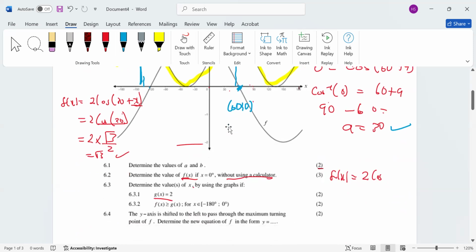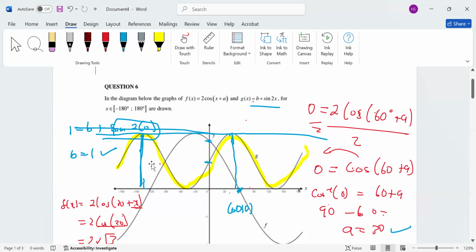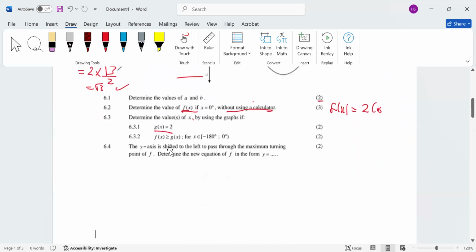And then on this side, if we go to the negative side, where was it supposed to turn? I see negative 180. So x is going to be equal to minus what? Check where the graph was supposed to stand, at minus 90. Then it's supposed to be minus 120.